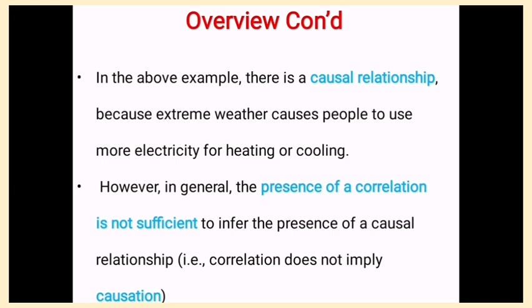Once you know the pattern that exists between two variables, it won't actually help you to make a better conclusion about how these two variables react when they are in relation. So to infer the presence of causal relationship, correlation does not imply causation. So please take note. Correlation does not imply causation.